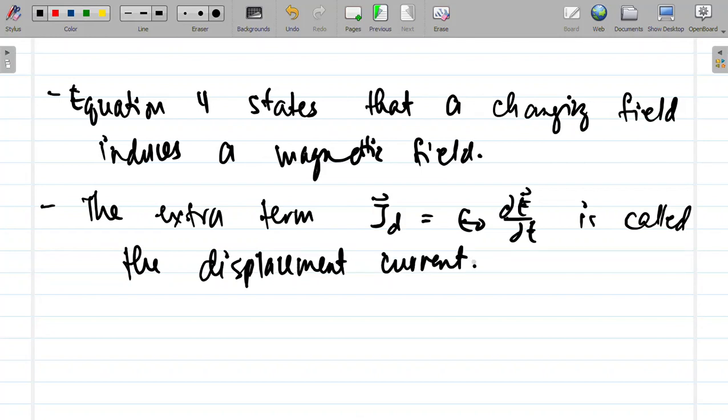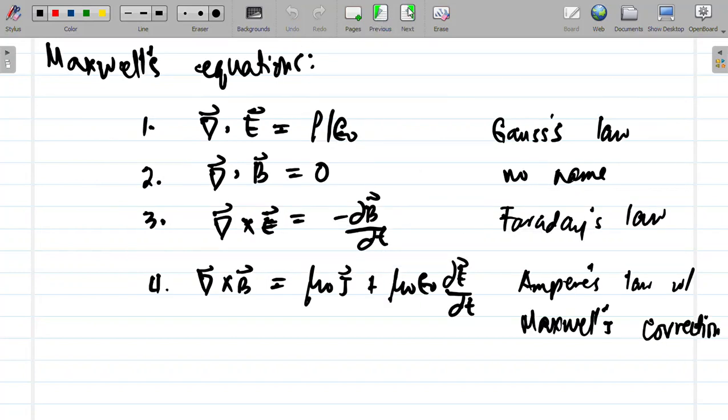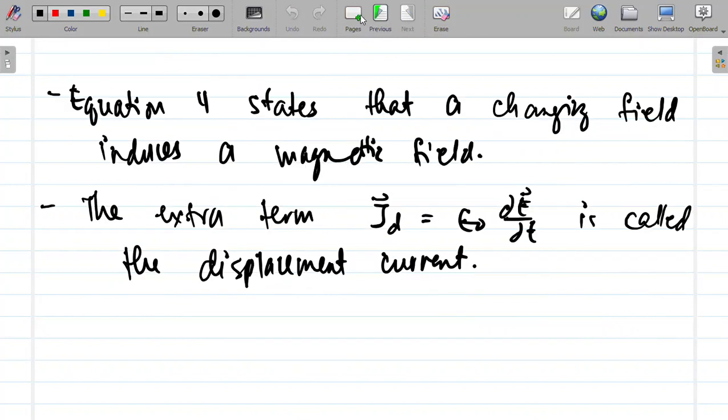Tapos, di ba may fixed Ampere's law tayo? Meron tayong Ampere's law in integral and differential. Meron tayong fixed Ampere's law in differential. Kunin natin yung fixed Ampere's law in integral form.